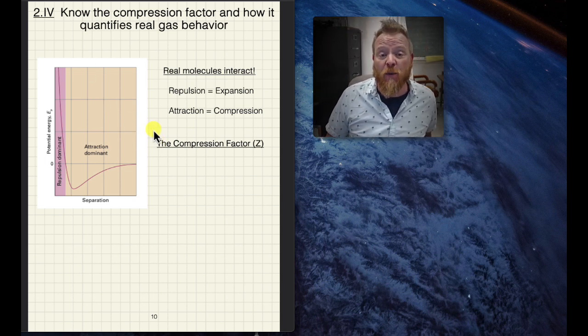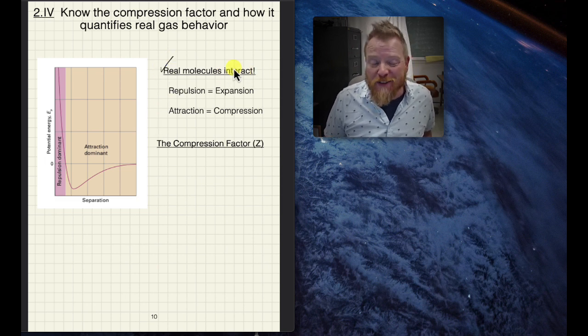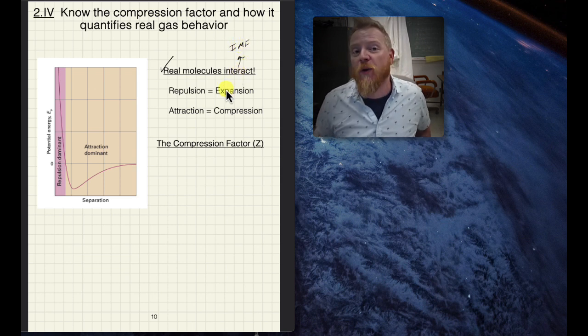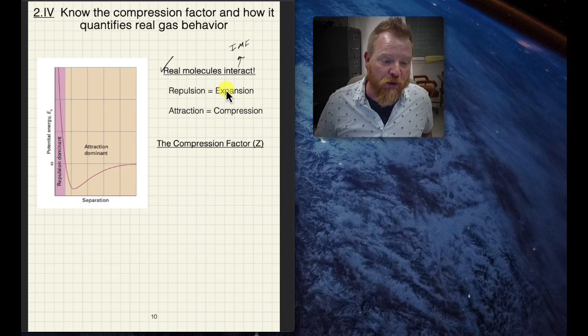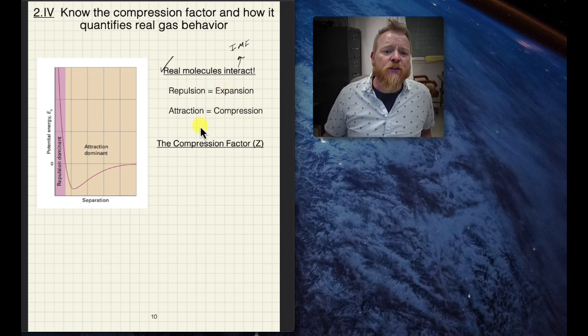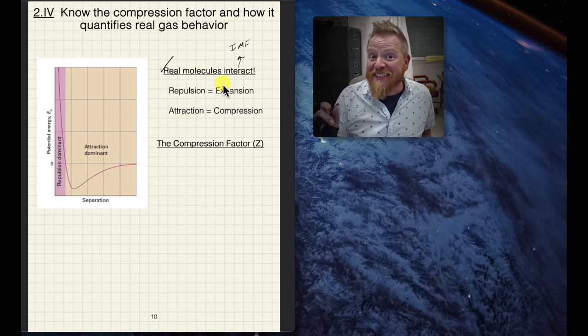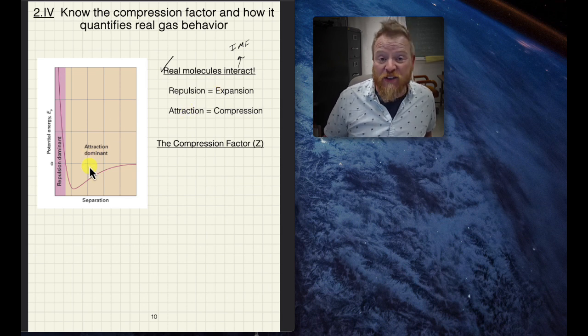So the first thing that we can start to say about real gases is they interact, right? And that interaction is through their intermolecular forces, right? So through hydrogen bonding or London dispersion, etc. So we can view that interaction as a distance-based quantity, so how much distance there is between molecules.